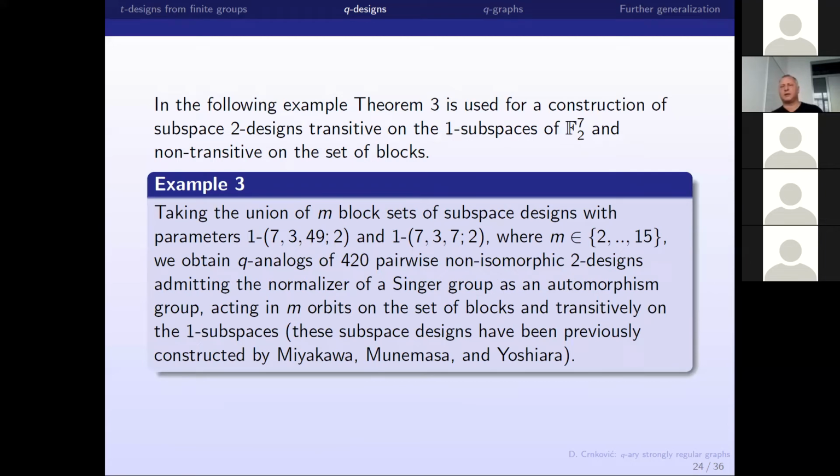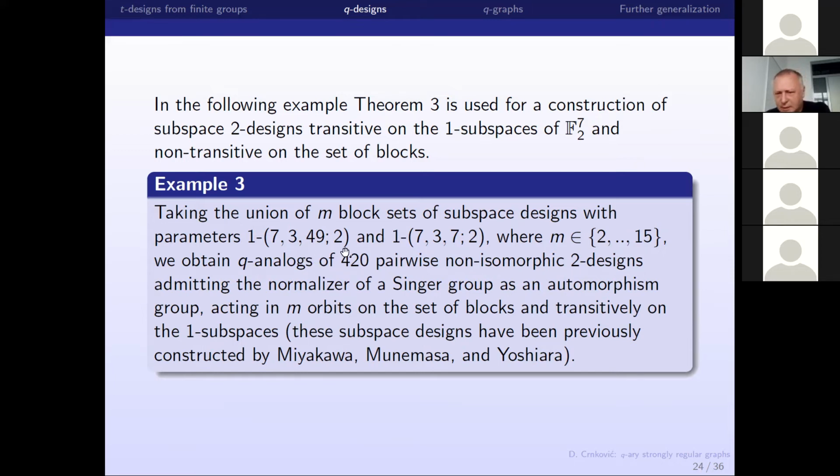Yeah, and so we did it for this case when V is equal to 7, so Q is 2 and K is equal to 3. So we combine some of these 1-designs, M of them, where M is between 2 and 15, and we obtained some 2-designs. But I have to note that these designs are not new.